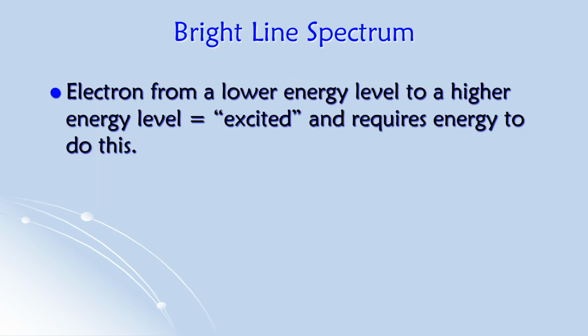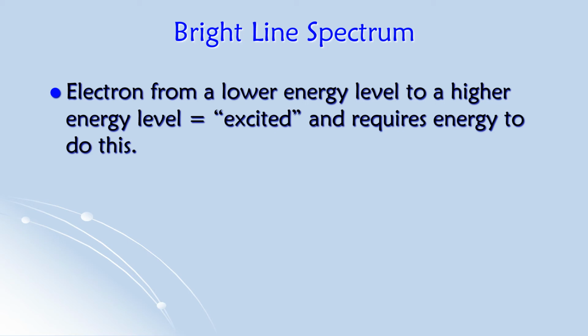So that produces a bright line spectrum, which, remember, is a very important concept that comes up a lot on the Regents: how is a bright line spectrum produced? Remember, energy is not released when an electron is moving from a lower energy level to a higher energy level, because that is the point when it's only getting excited.